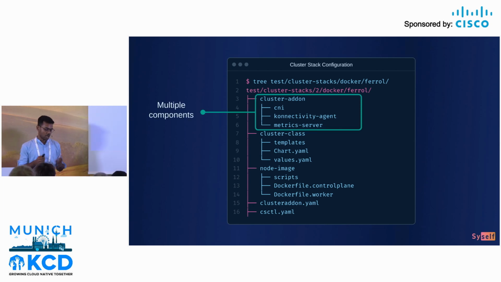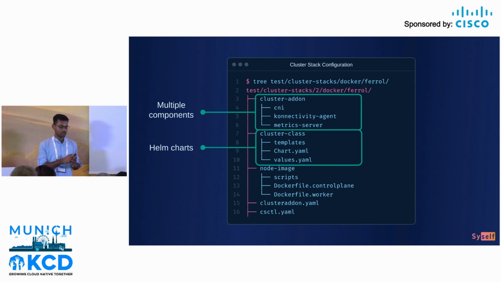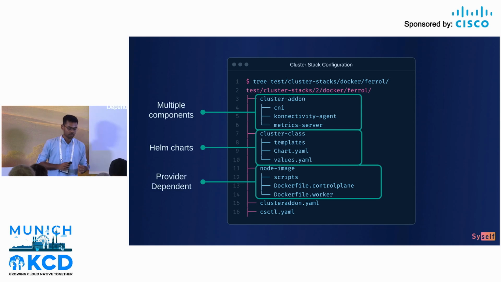So our cluster stack configuration looks like this: in a cluster add-on directory, we have different cluster components, which are basically a bunch of Helm charts. The cluster classes are a single Helm chart, which contains the configuration for the Cluster API ClusterClass. And the second one provides different dependent node images, which is very obvious. You have different providers like AWS, and everyone has a different way of building node images, so it is provider dependent.